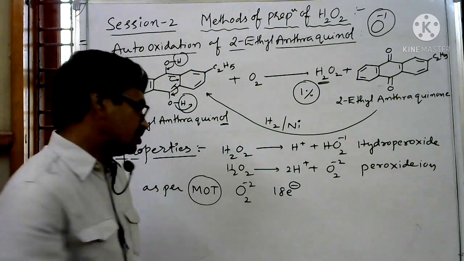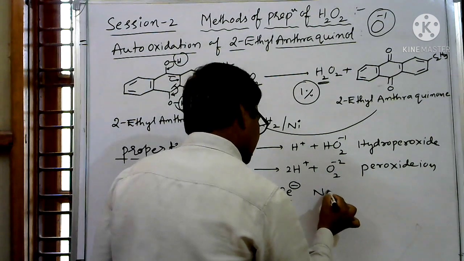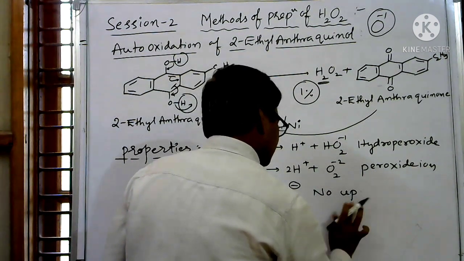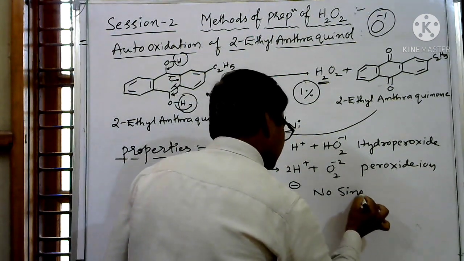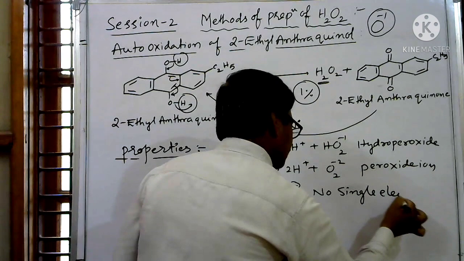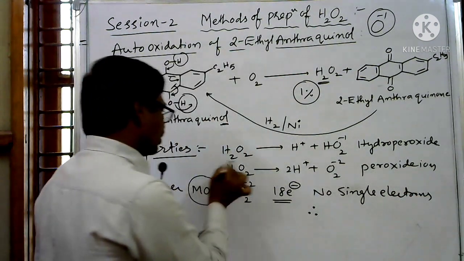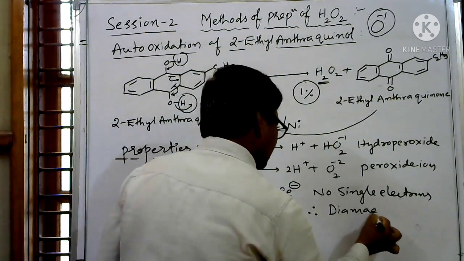Here for these 18 electrons, we will not get unpaired electrons, no single electrons. Therefore this peroxide, hydrogen peroxide, or any other peroxide, is diamagnetic.